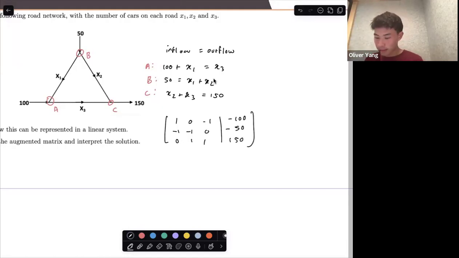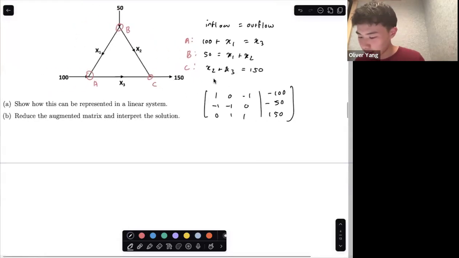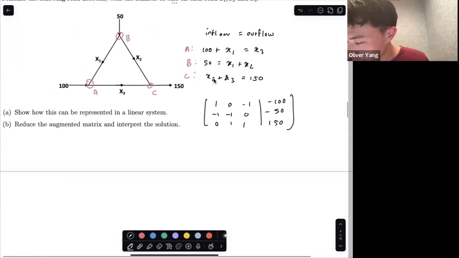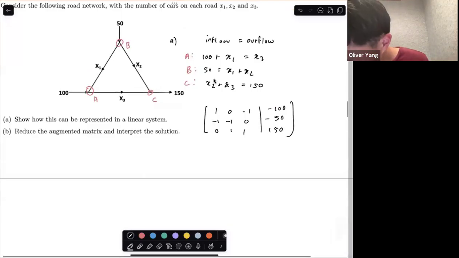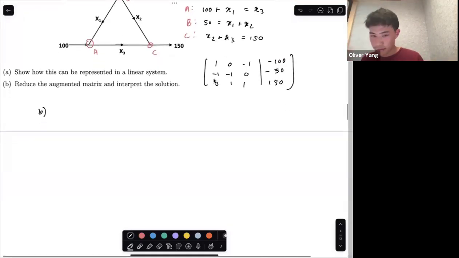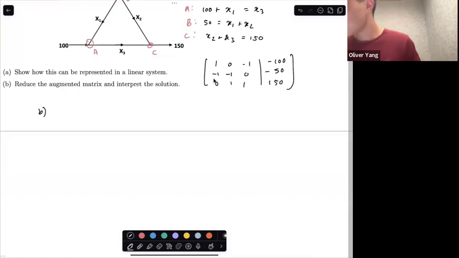So yeah, this gives us our linear system. And then for B, we want to reduce it to an augmented matrix. Shouldn't those be positive ones?